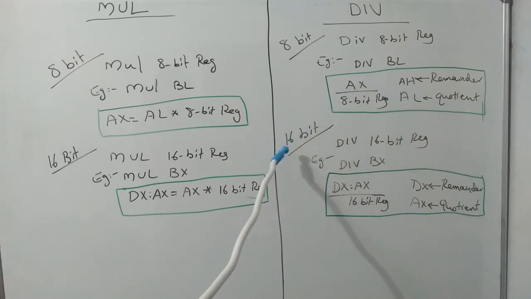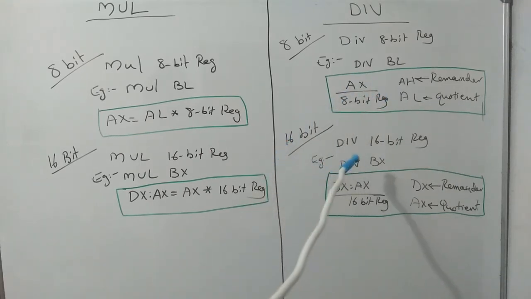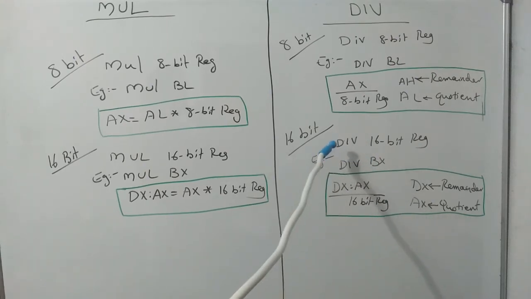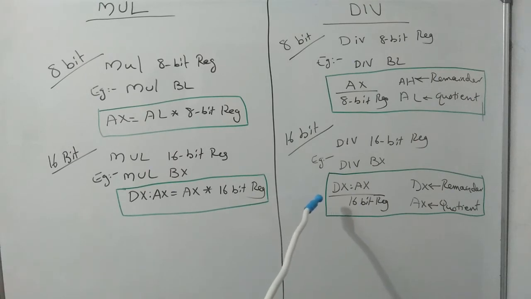Then 16-bit division, example is div BX. We will specify a 16-bit register along with the instruction. The 32-bit value stored in DX and AX will be divided by the content of the 16-bit register, and your quotient is stored in AX register and remainder is stored in DX register.